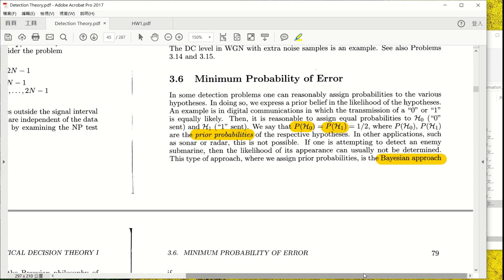If you have very strong prior information and you don't use it, you are wasting the information. Okay, so I just clarify the concept here.